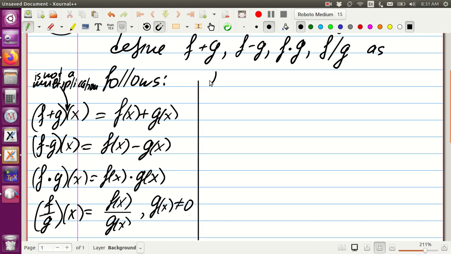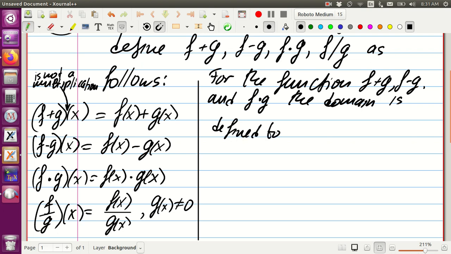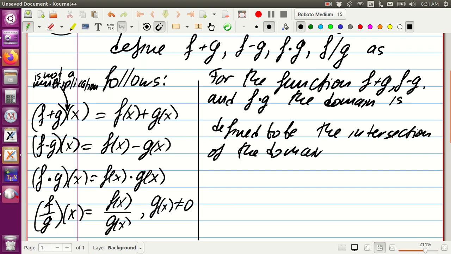So we'll say that for the functions f plus g, f minus g, and f times g, the domain is defined to be the intersection of the domains of f and g. Right, so for the first three, it's easy to define.